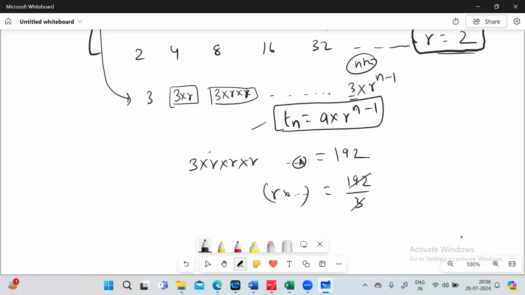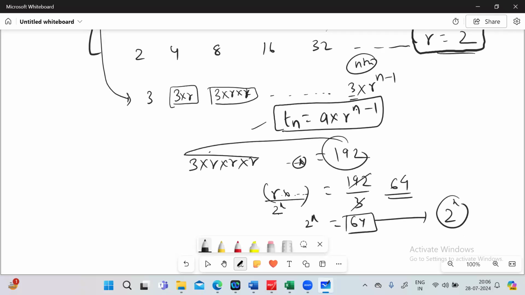And if I divide that, I'll be getting 64. And here R was 2. So 2 to the power x should be 64. If 64 can be represented as 2 to the power anything, then this term will lie on this series, whatever the series was.